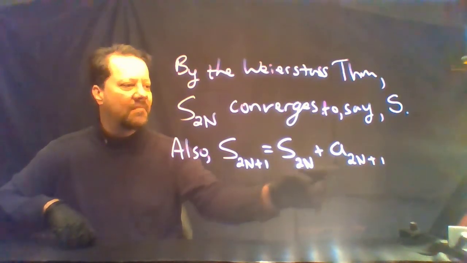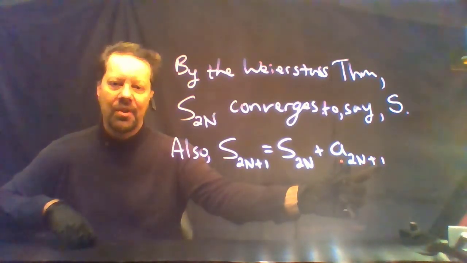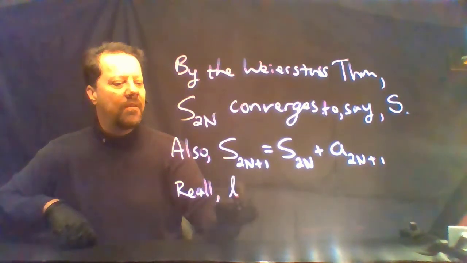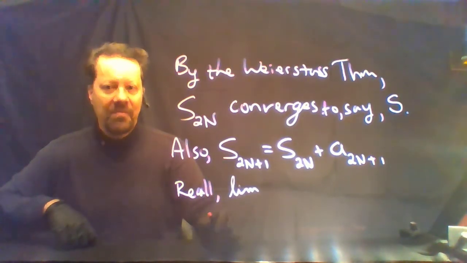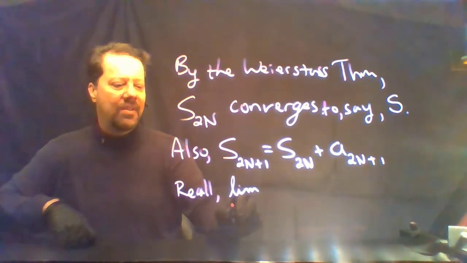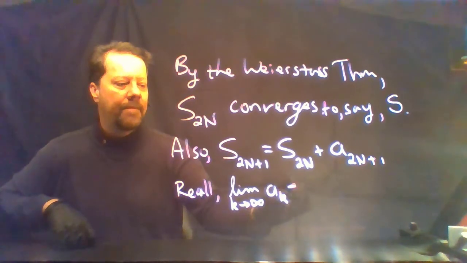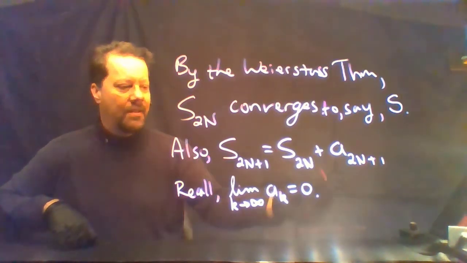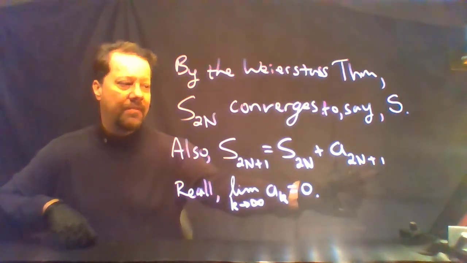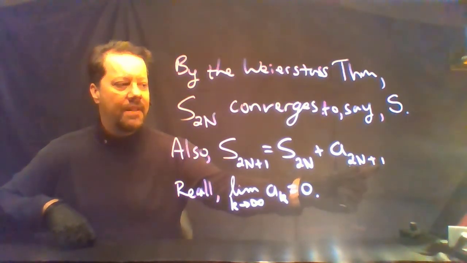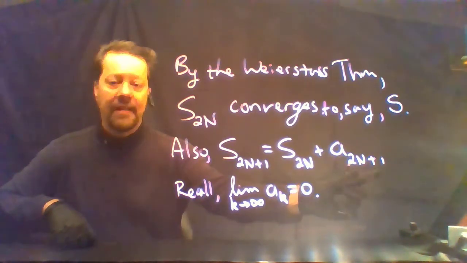Now, one of the hypotheses of the alternating series test is that these terms must tend to 0. So if all of the terms tend to 0, then surely the odd ones will. So this is a sequence that converges.